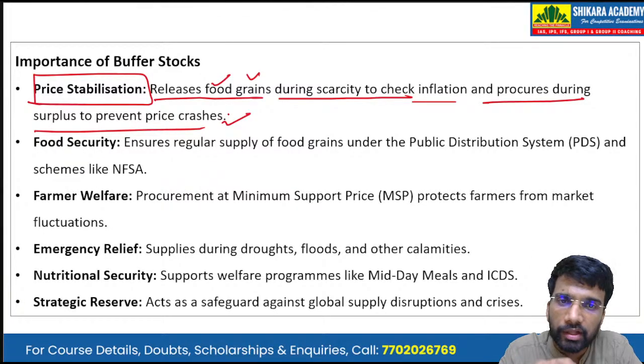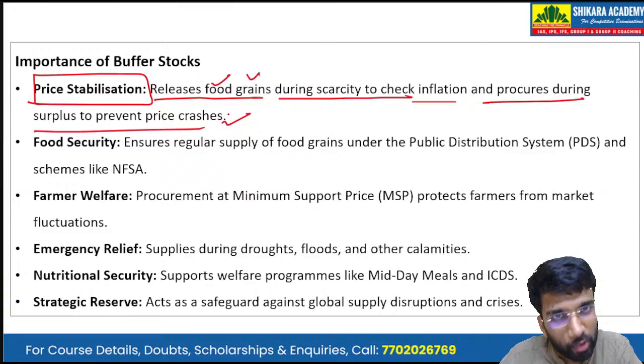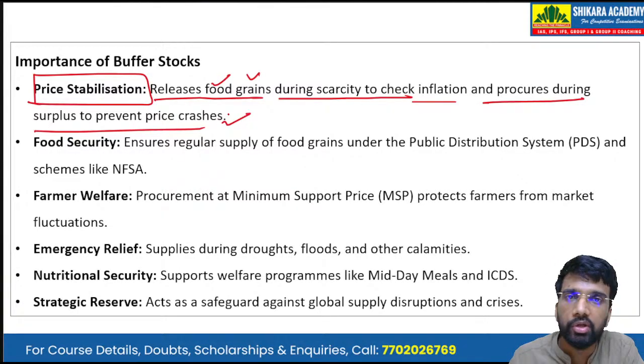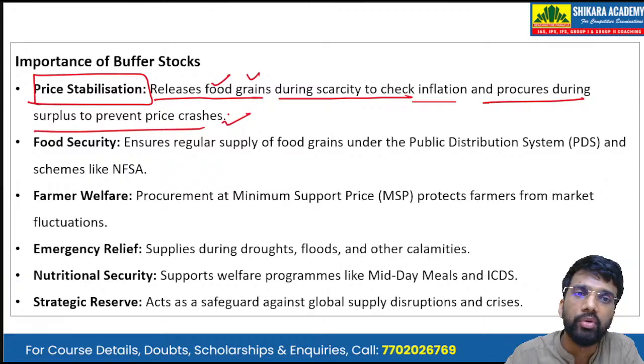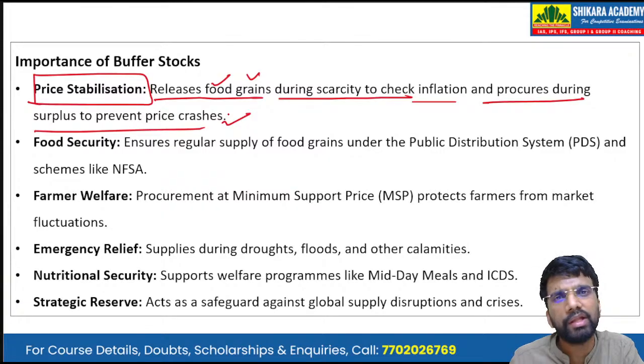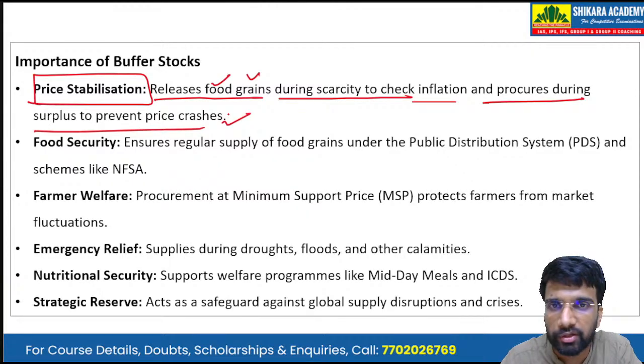Now, in order to prevent such price crashes, in order to secure the livelihood of the farmer, to make sure that the farmer generates profit, the government procures a huge amount of these food grains and stores them as buffer stocks. And during the scarcity months, when the production is hit by some factors, or there is more and more demand in the market, then the government releases these food grains in order to check food inflation.